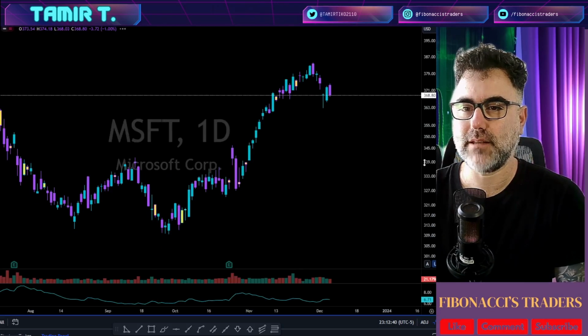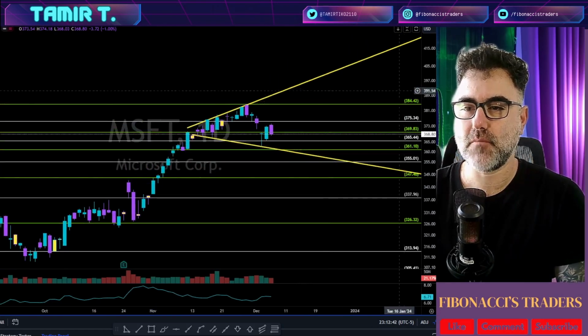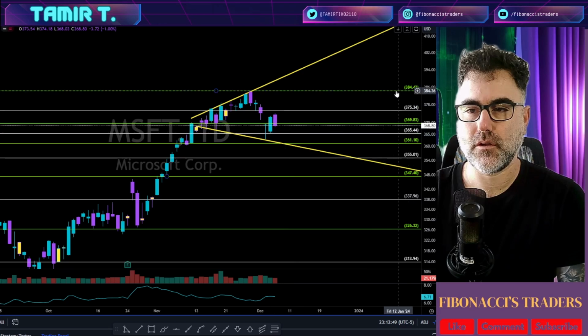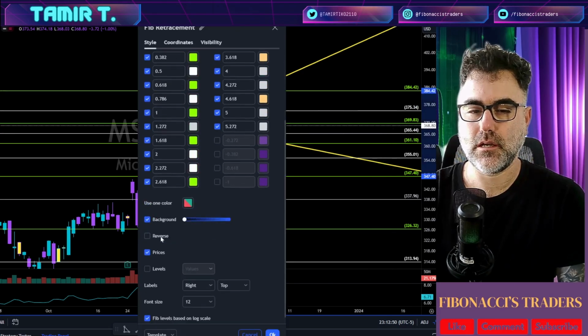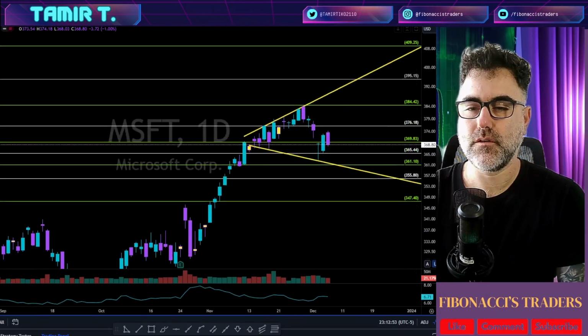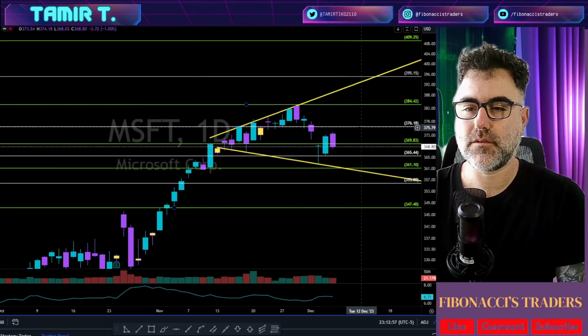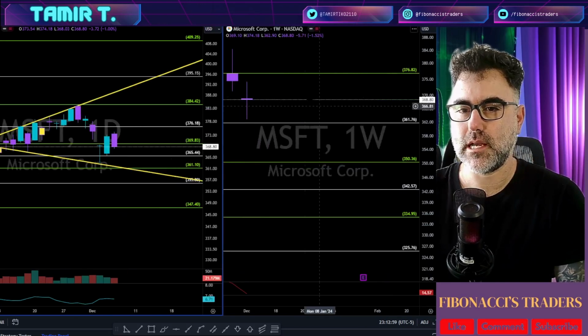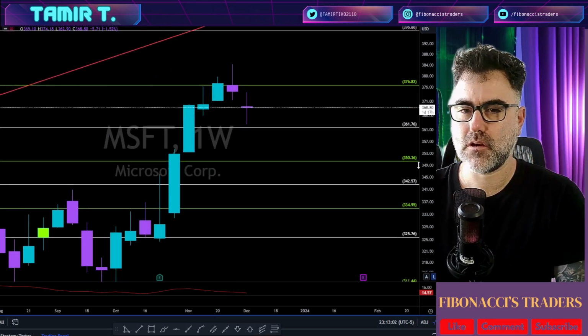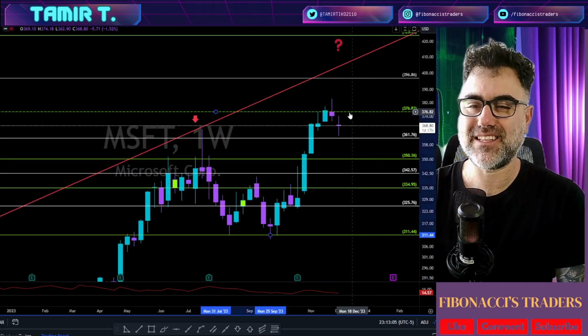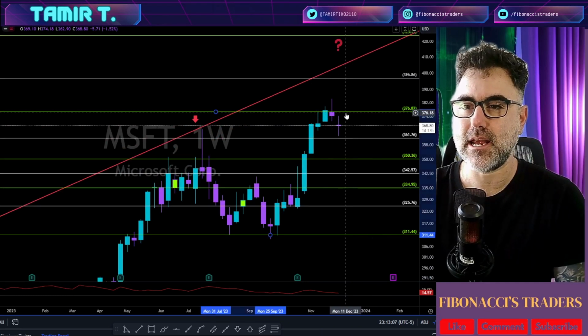Microsoft 1% to the downside. Broadening formation. Now, let's see how Microsoft will move inside this massive broadening formation. Only a weekly close above the 376. Let's see the weekly on Microsoft. Always zoom in, zoom out. Only a weekly close above the 377, 376.80.